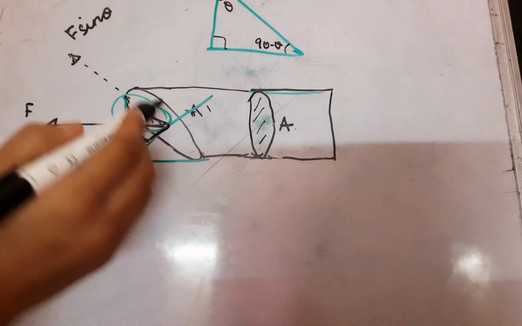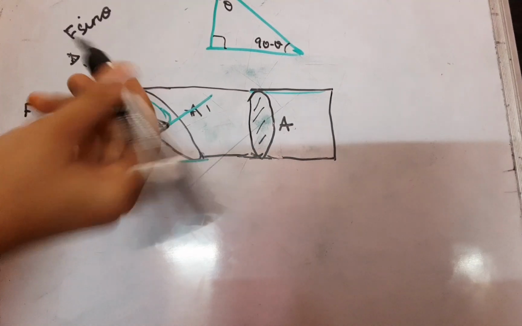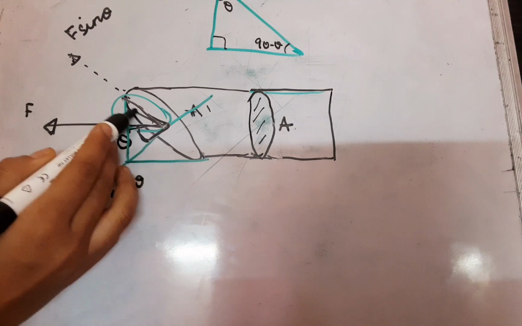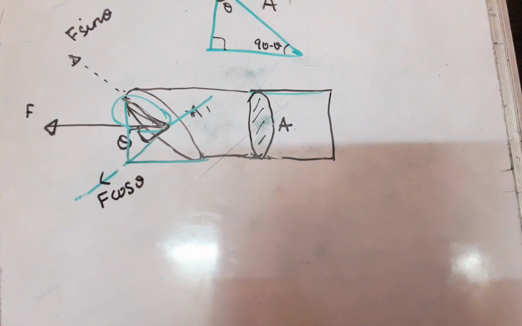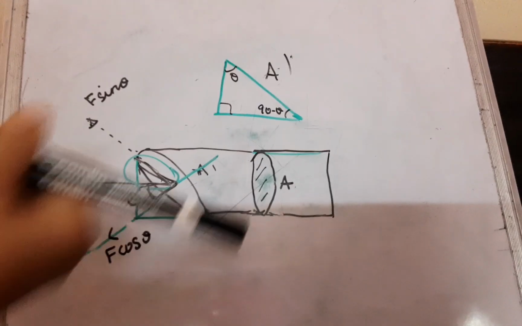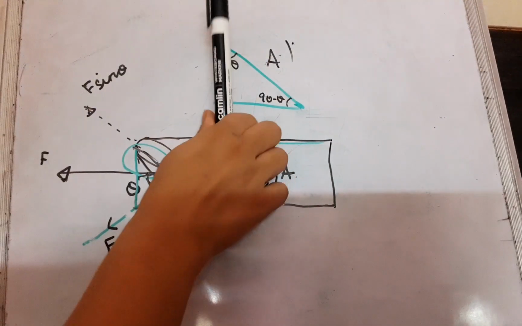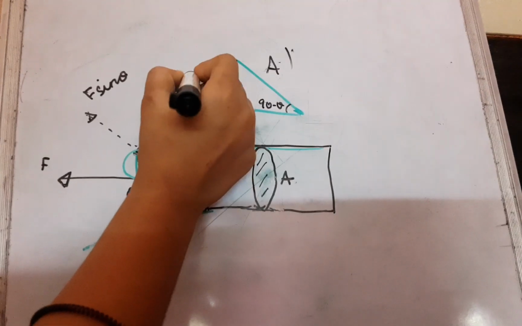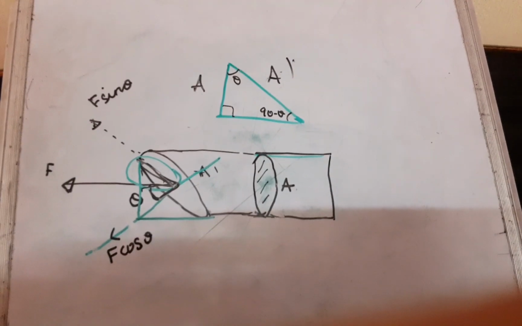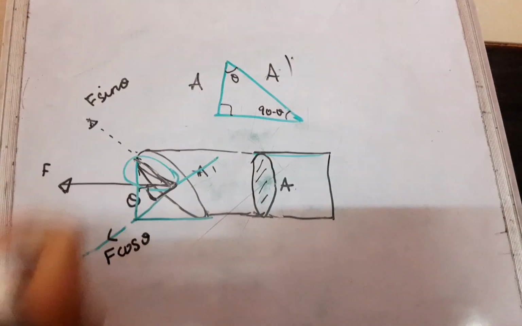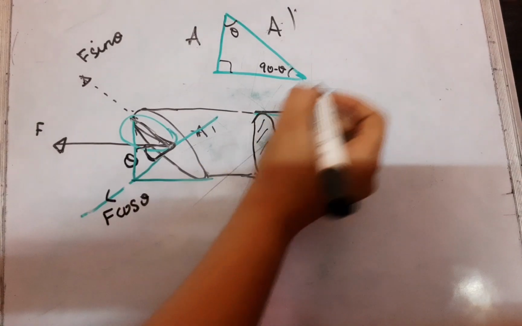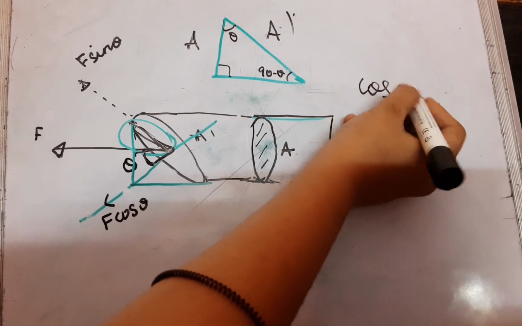In this triangle, this part you can consider as our new area A dash. Our new area is in this direction, and the original area was like this. So how do you find a relation between the original area and the new area? That will be nothing but cos theta. Cos theta equals what?